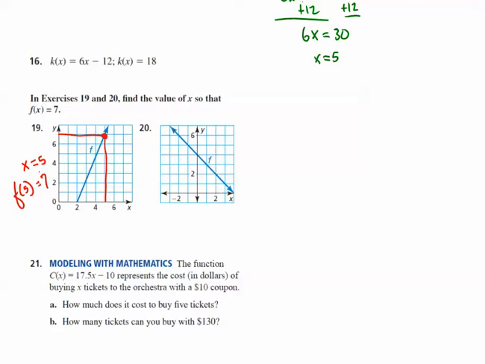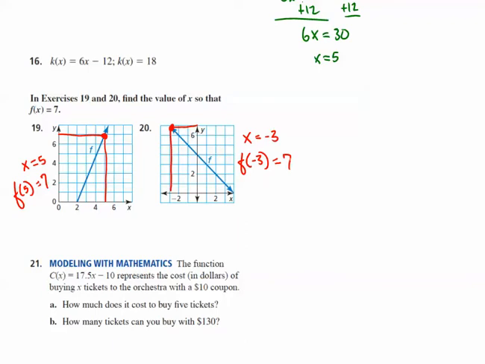In number 20, same thing. We're going to start at 7, which is up here, go across to hit the graph, then come down from there, and we can see that x is equal to negative 3, or we can say f of negative 3 is equal to 7.